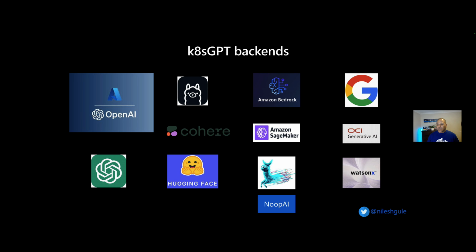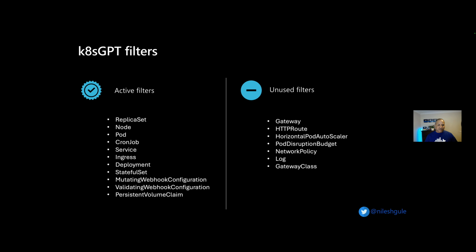There is also Ollama, Amazon Bedrock, Google, Cohere, SageMaker, and the generative AI from Oracle. Hugging Face contains a lot of open source models, so we can use those. Noop AI is there, and Watson. So these are the different backend providers which can be configured very easily with k8sGPT. Again, I suggest you look at the documentation for the specific steps required to integrate one of these backends if you're interested in integrating with them.